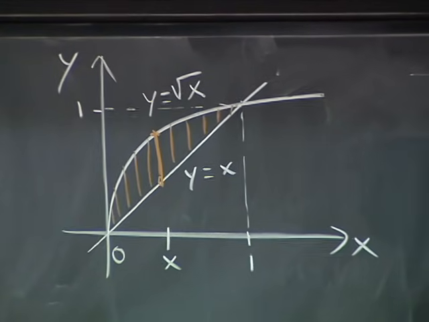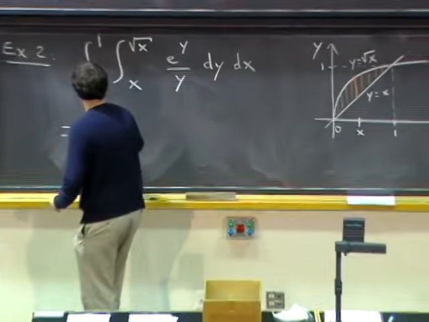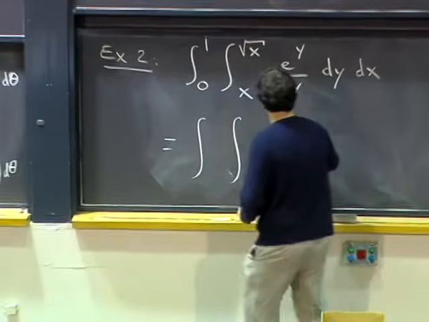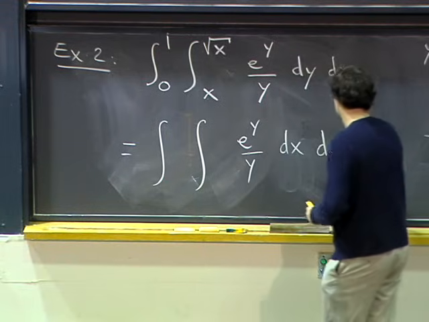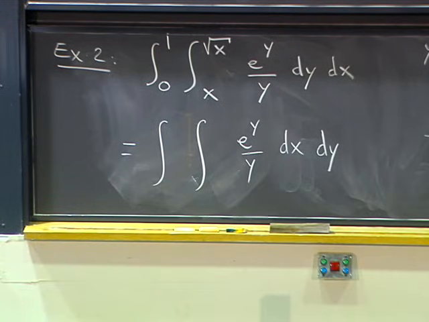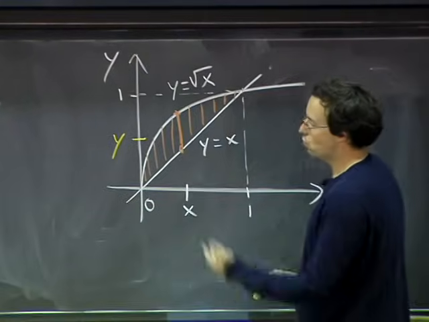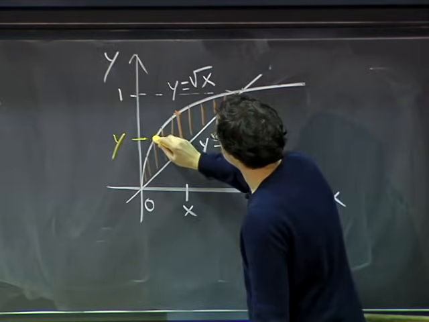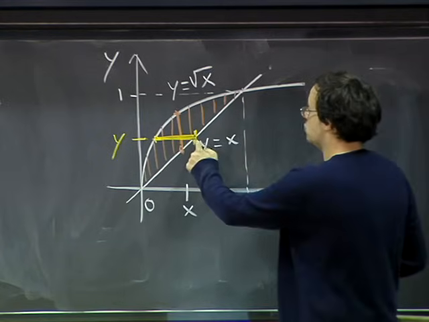Now, if I want to do it the other way around, I have to decompose my region. My goal now is to rewrite this as an integral of the same function, e to the y over y, but now integrating dx dy. So how do I integrate over x? I fix a value of y, and for that value of y, what's the range for x? The range for x is from here to here.